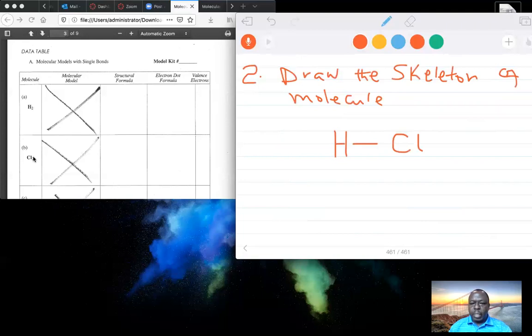Once you draw the skeleton, you need to do the math, working with the total number of valence electrons. Here, this is what we call a single bond, all right, single bond. That means there are two electrons. Double bond has two lines, triple bond has three lines, and single bond has two electrons.